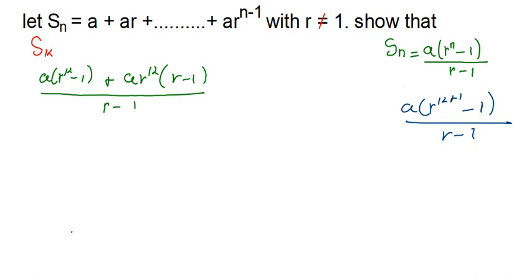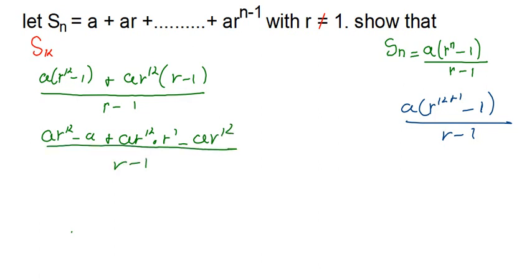So we can expand this. That would be ar to the power k minus a plus ar to the power k multiplied by r to the power 1 minus ar to the power k, divided by r minus 1. What we observe here is that this is negative, this is positive, and that's negative, so they cancel. We remain with this one and what we have right there. I have ar to the power k multiplied by r to the power 1.